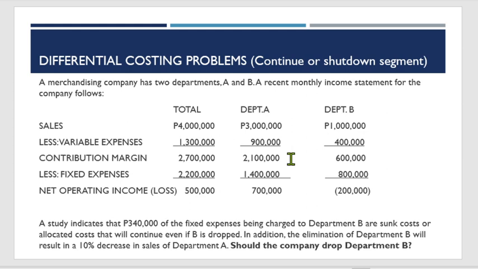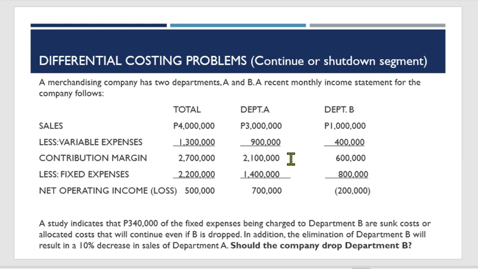So, 2,100,000 times 90%. Ibig sabihin, bababa ang contribution margin to 90%, kasi may 10% decrease because of the shutdown of B. So, 2,100,000 times 10% is, you have to compute for this on yourself while you are looking at the discussion. It should be 1,890,000. That is the contribution margin of this new scenario wherein we drop Department B.